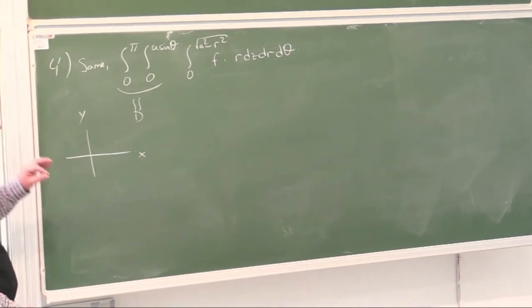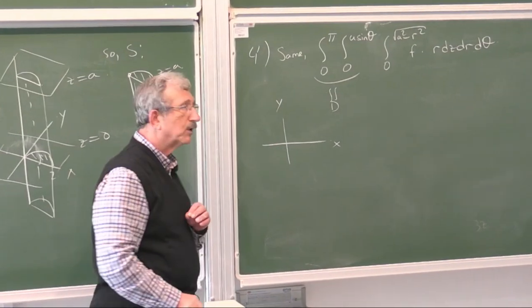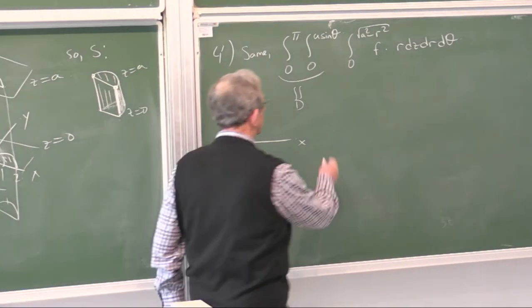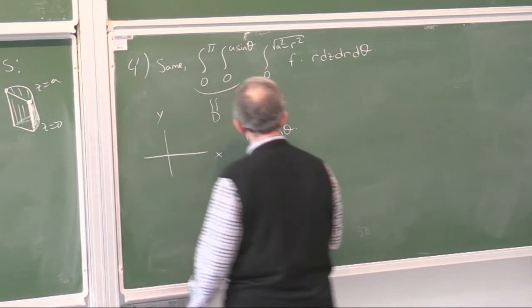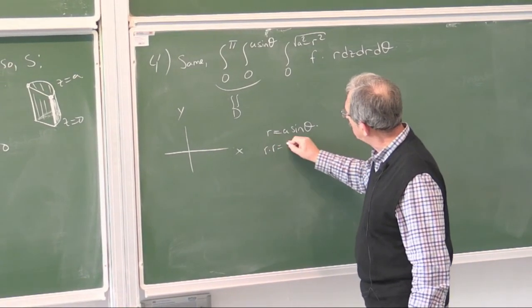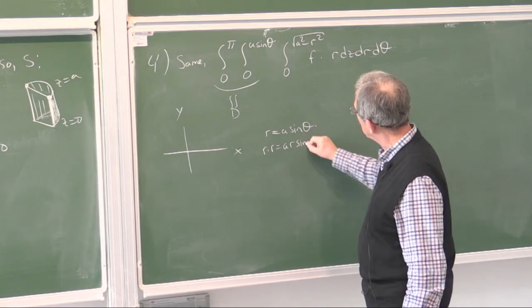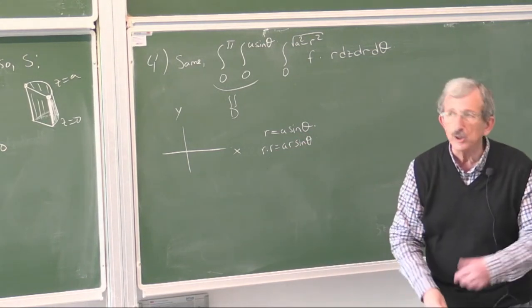R changes from 0 up to a sine theta. Well, a sine theta would be just multiplied by r, because we always prefer r squared. It makes our job simpler.